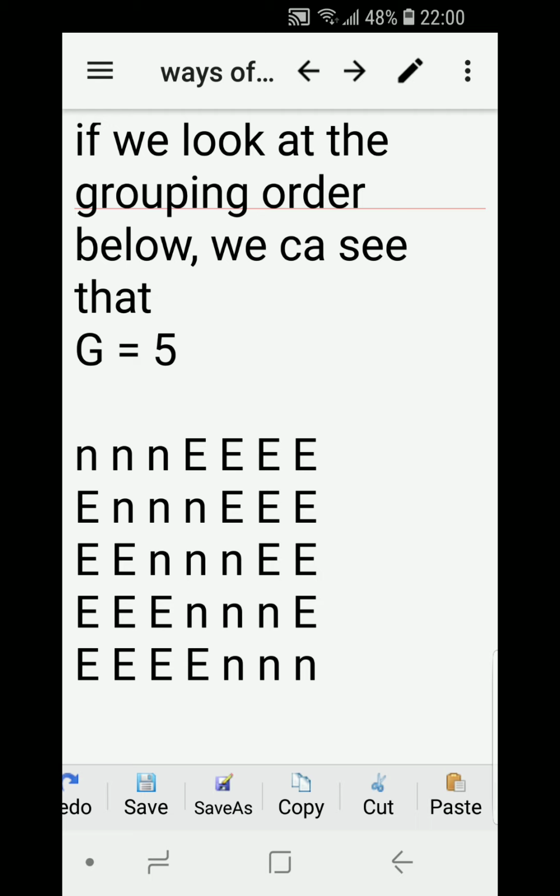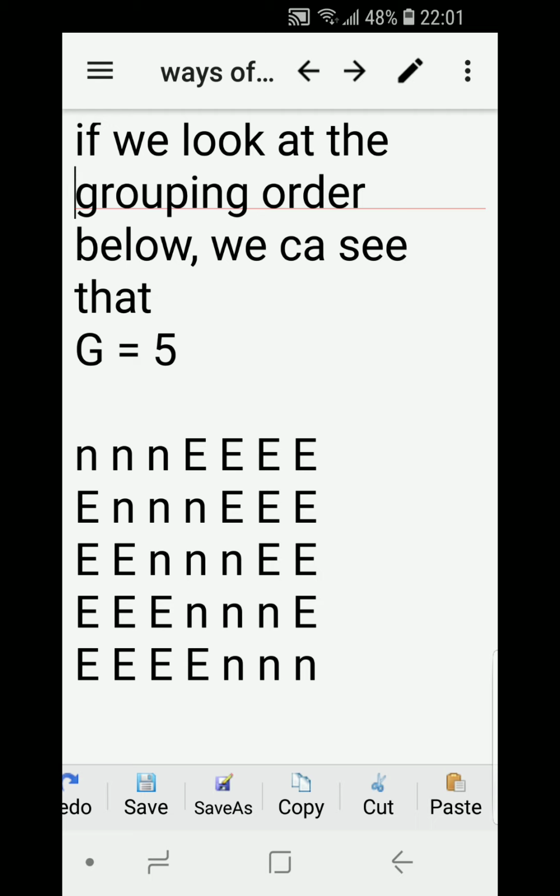The first line, the top one, we can see that the nurses are seated together there on the leftmost, and then on the second line there's an engineer on the leftmost, and then the nurses seated together.